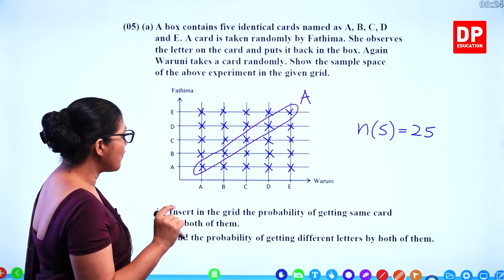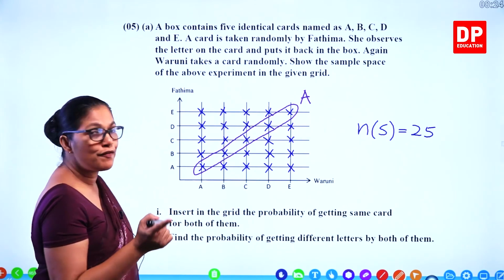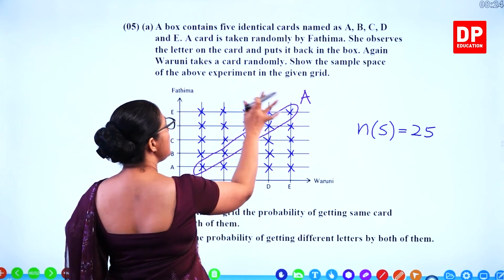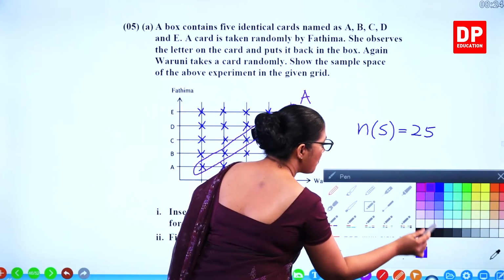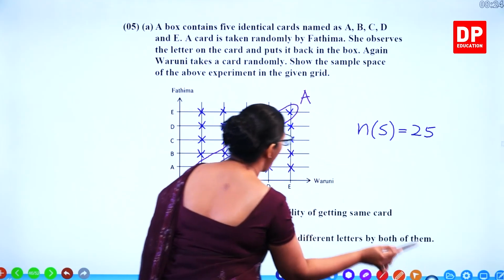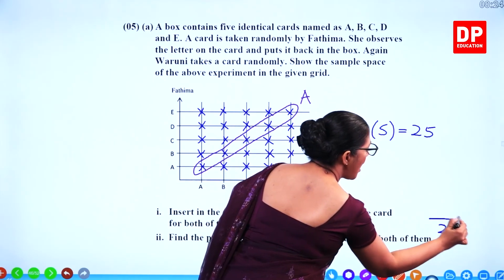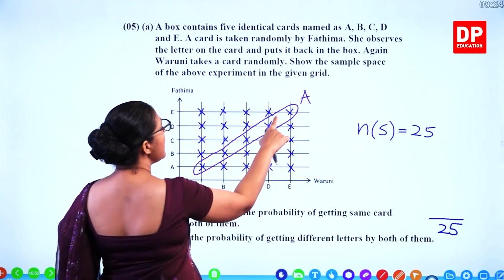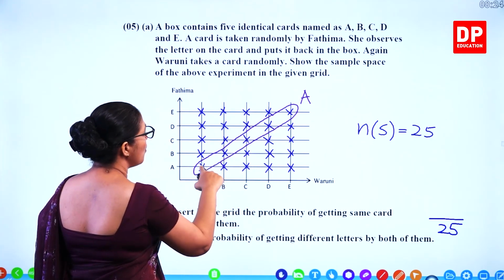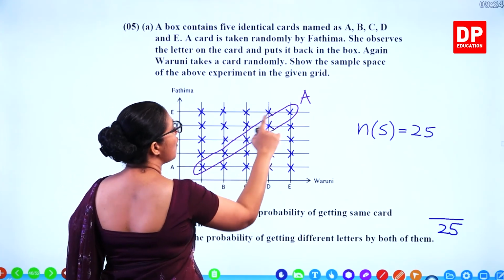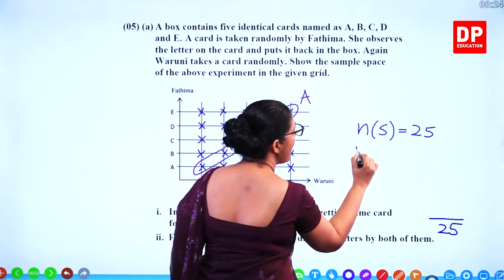Find the probability of getting different letters by both of them. So the other part. So what's the probability? Altogether 25 outcomes. So without these 5. So 1, 2, 3, 4, 5. n(A) equals 5.